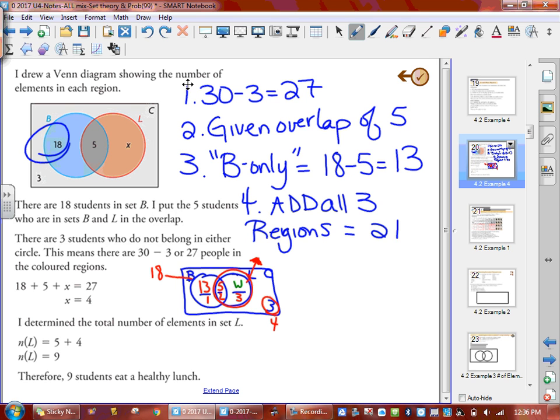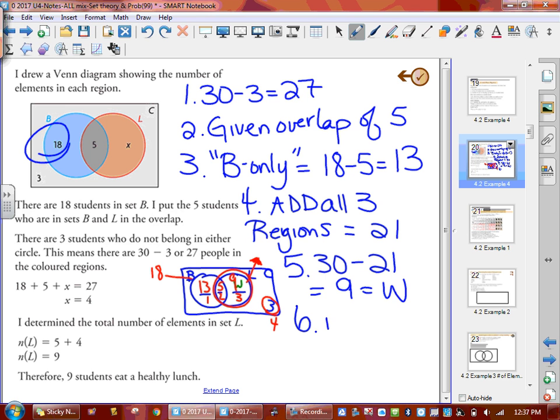Now, if I add up the number of a healthy lunch, I want that entire circle. I'm going to take 5 plus 9 to get 14. So the answer isn't 9, it is 14. They did not get the correct answers because they did not find the proper value in lunch only.